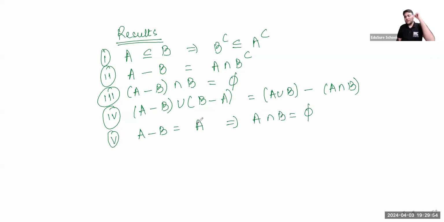If A minus B is equal to A, that means that A intersection B complement is A itself, right? So there is nothing common between A and B, or A and B are disjoint sets or mutually exclusive sets.